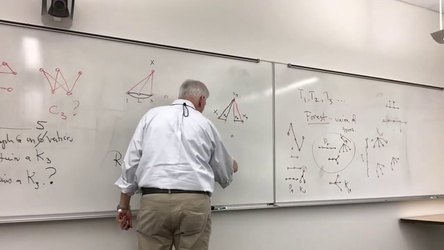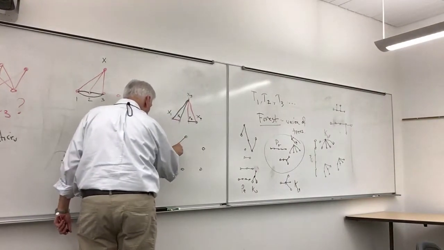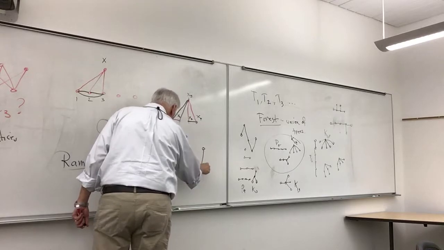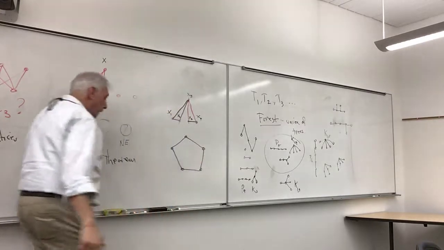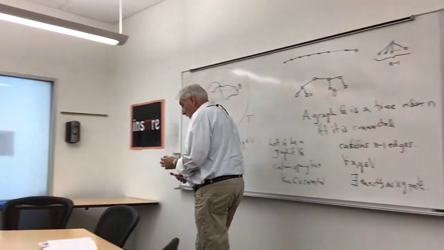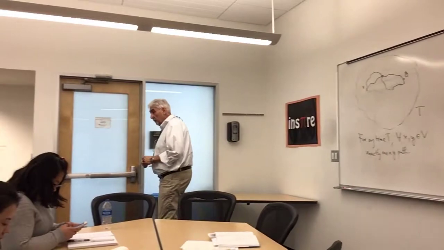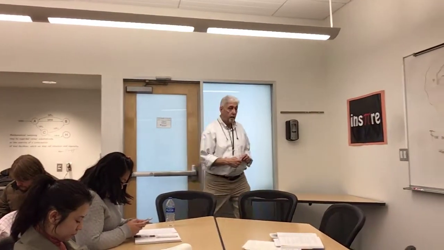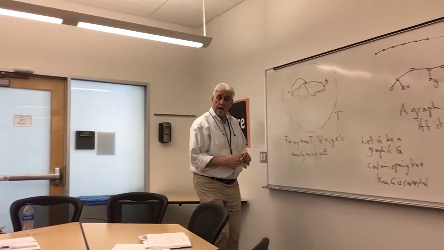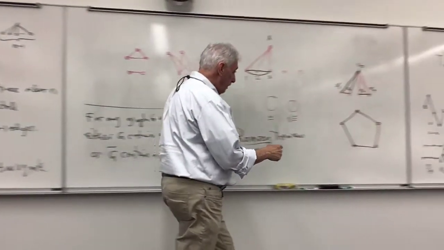Rather than draw it like this, I'm going to draw it like this. Okay, suppose that's the black graph. Is there a black K3? What does the red graph look like?